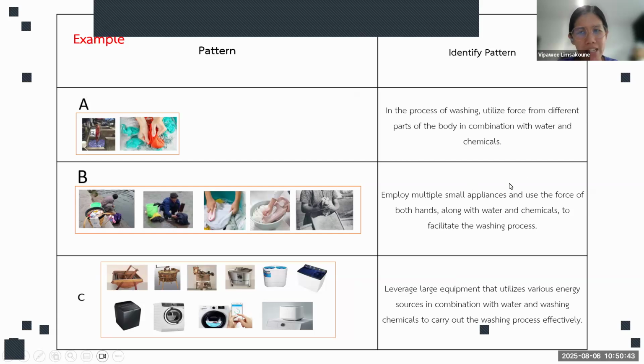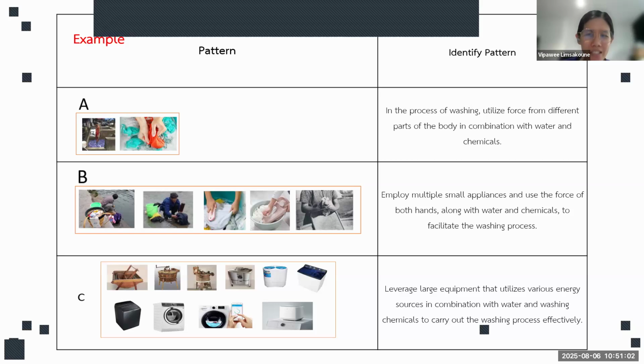Pattern B is people start using small tools to help clean their clothes. And then the third one is a big machine, like large equipment. So this is an example of how you identify patterns.